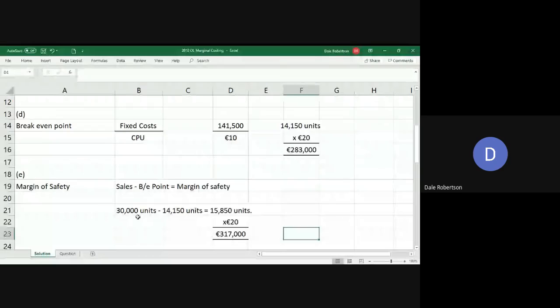Our sales level was 44,000, so we have a greater margin of safety even than that. But the question asked us to do it at 30,000. The margin of safety is simply sales take away break-even point, and you have it in units, and then if you want it in revenue, you multiply by the sales price per unit.